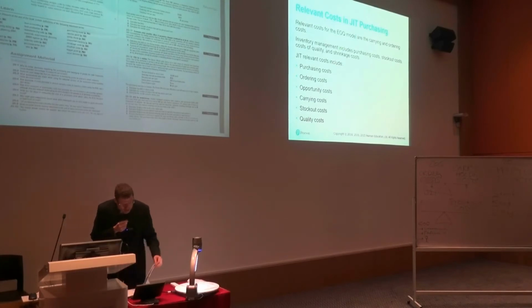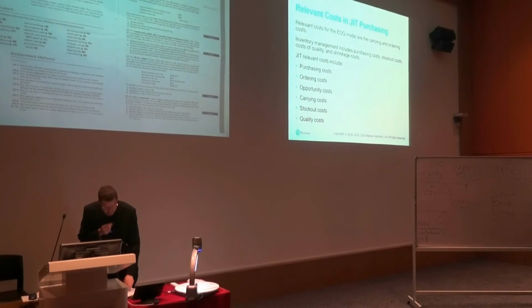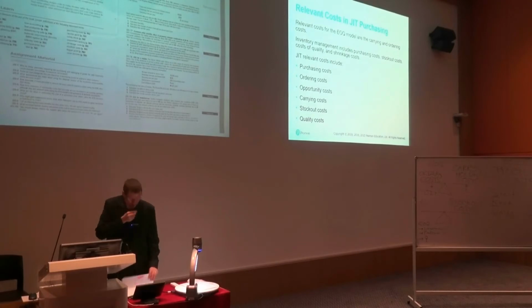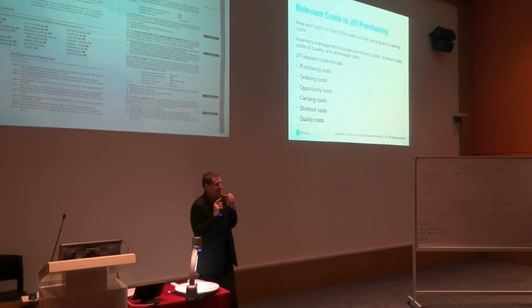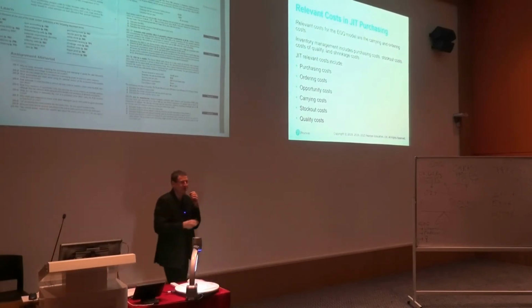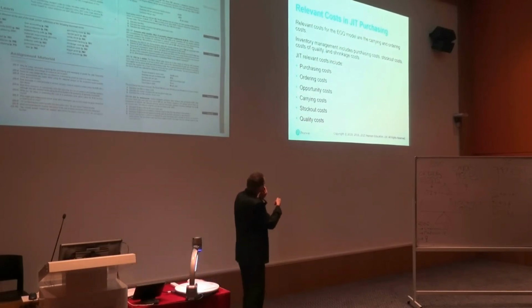Which one of these is different from the list of 6 in slide 1 or 2? Which one? My favourite, opportunity costs. That's awesome.